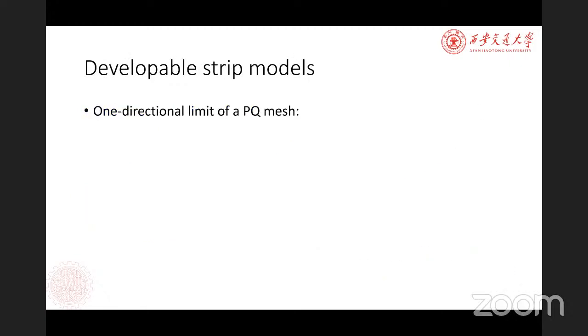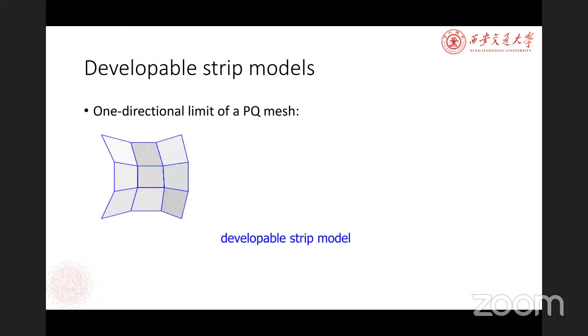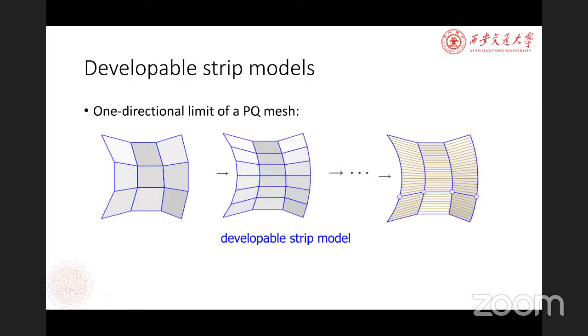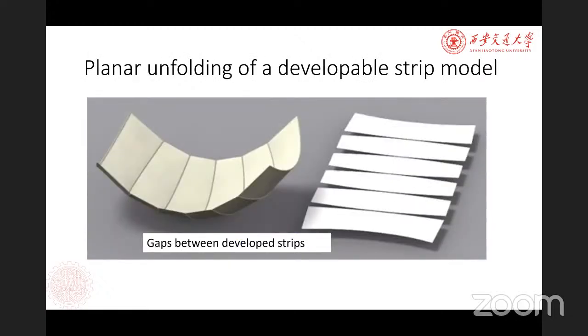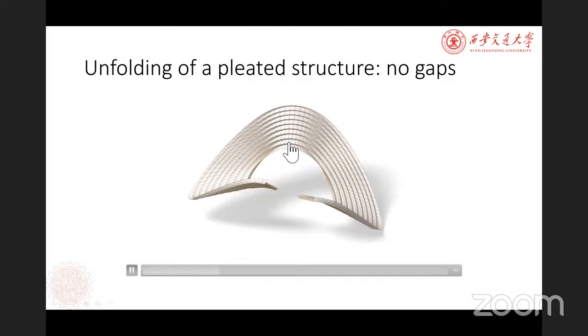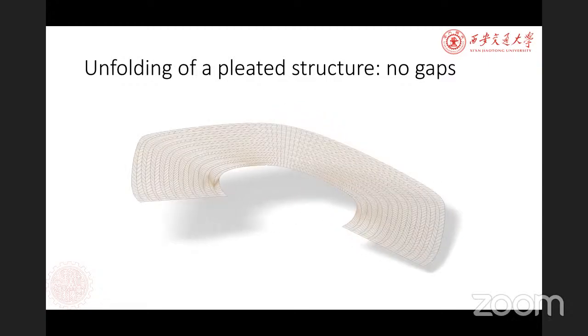So if we refine a PQ mesh in one direction, this can give us some developable strip models. On the right-hand side is a developable strip model. Usually if we unfold the developable strip model onto the plane, there are some gaps or overlaps. But one property of the pleated structure is that if we unfold this curve pleated structure, there are no gaps or folds.